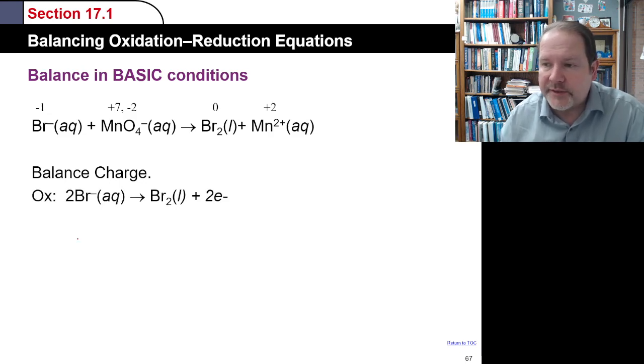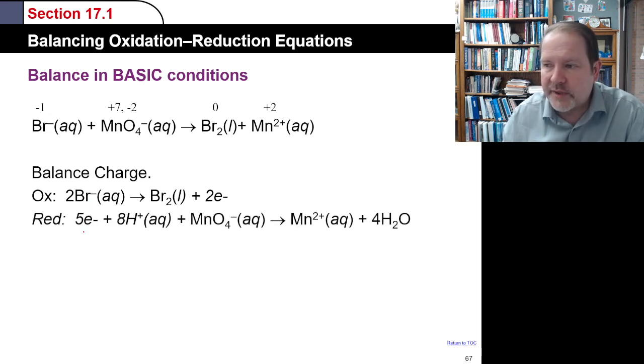And so in the first one I have 2 negative charges from the bromine. So I'm going to add 2 electrons to balance that out because it was 0 on the product side. Now this gets a little harder when it comes to this side here with the permanganate. So I have a -1, I have +8 here. So that gives me overall a +7.